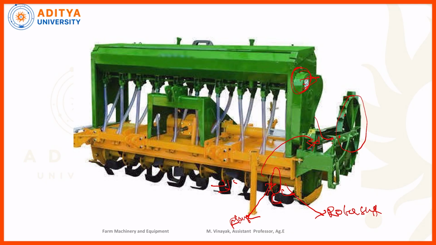The furrow openers open up the soil and sowing operations are carried out. One gearbox is provided to transmit the power from the PTO shaft to this rotary shaft. Through the rotating action, we cut the stubbles.